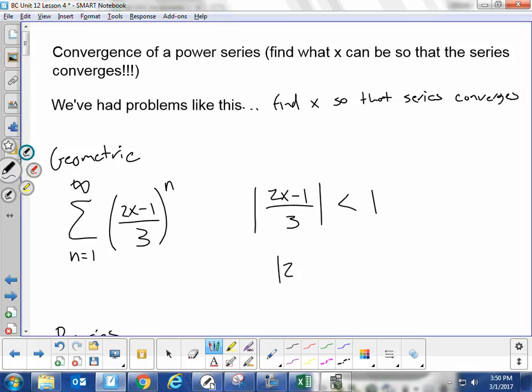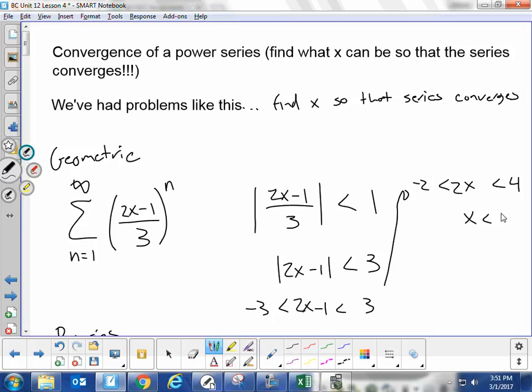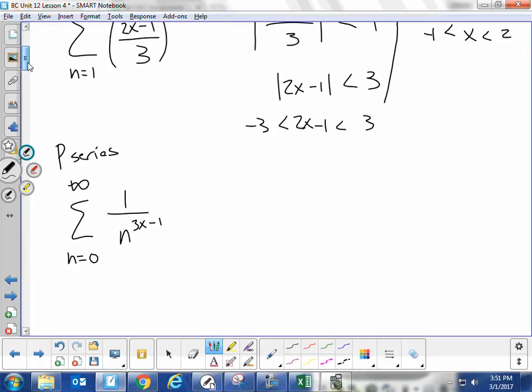I'd get absolute value of 2x minus 1 is less than 3, which means 2x minus 1 has to be between 3 and negative 3. And then we solve, getting 2x is less than 4 and greater than negative 2, and x has to be less than 2 and greater than negative 1. So we did problems like that.